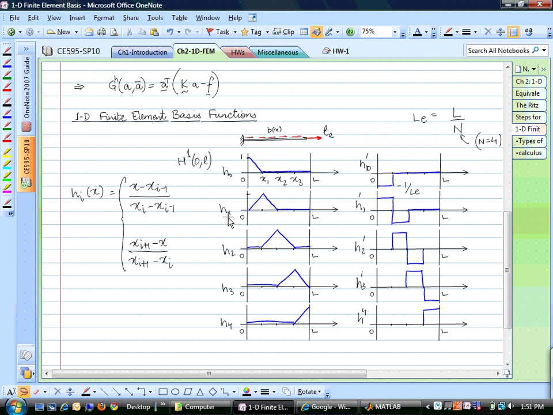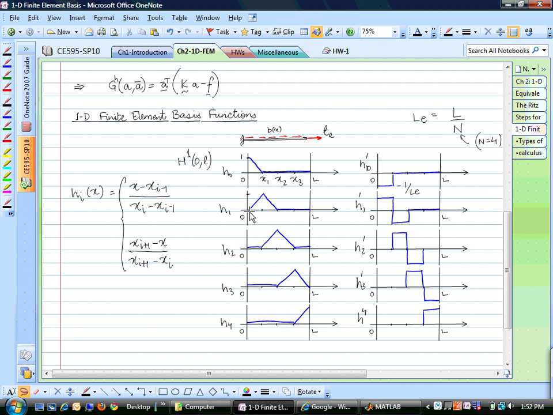So let's consider h1. h1 is 1 at x1 and it starts from 0. So I can simply write that function in this interval using this formula. Does that make sense? So let's say x, if I choose the value of x somewhere in this interval, then x_{i-1} would be this point.